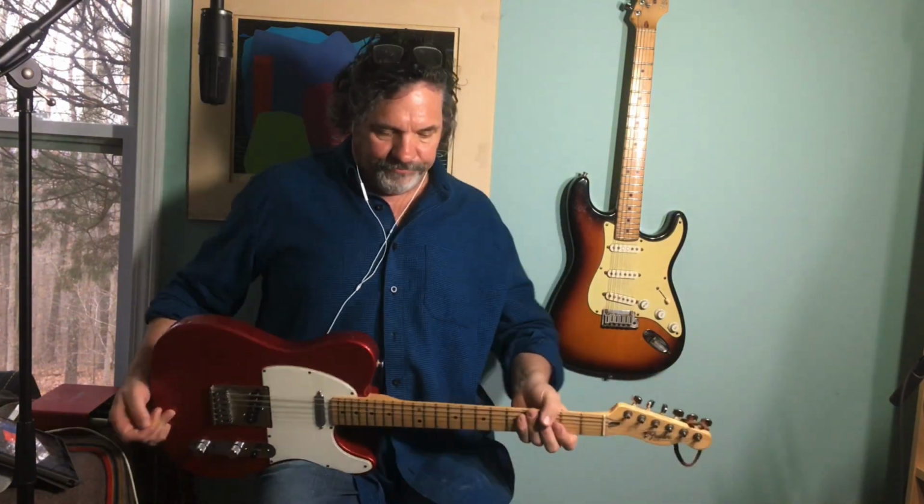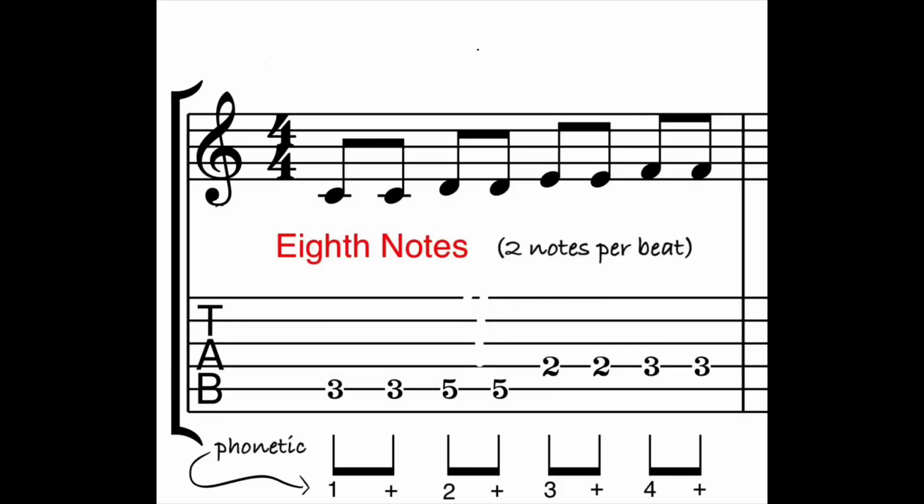Now, each one of these slides, let me put the next one up while our click's still playing. The next one is 8th notes. As you can see, there are 2 notes being struck for each beat. The beat will always be its number when you're saying it out loud.